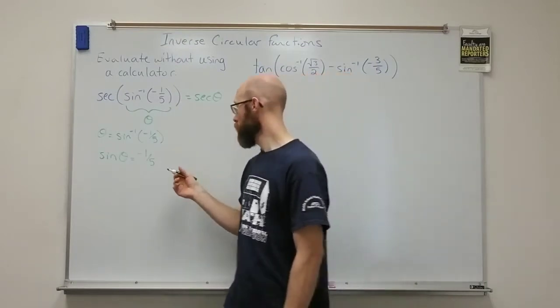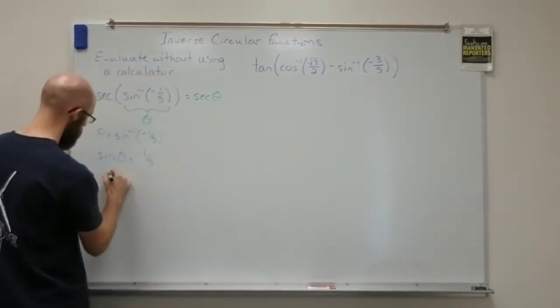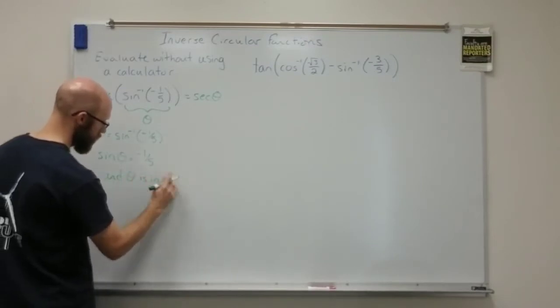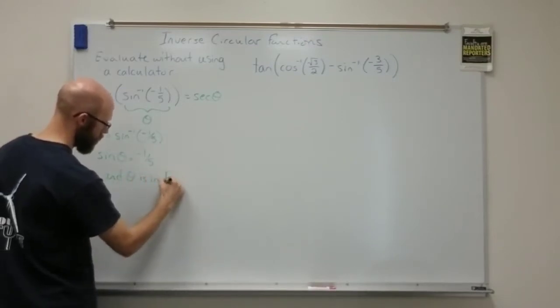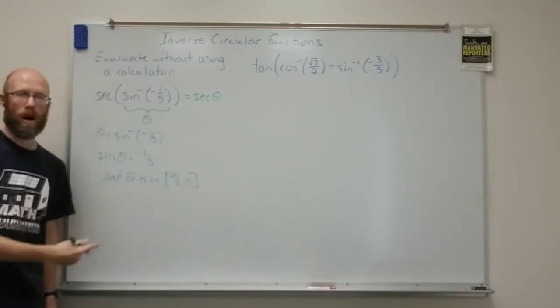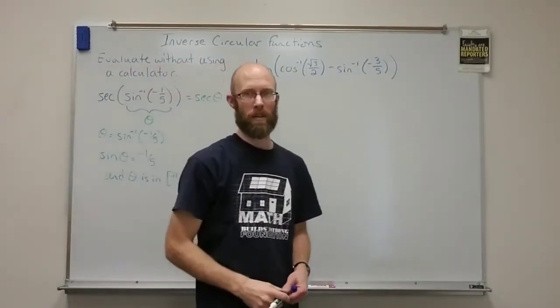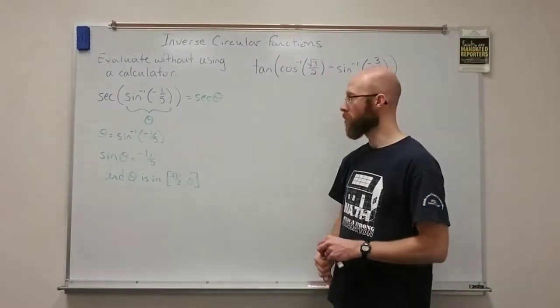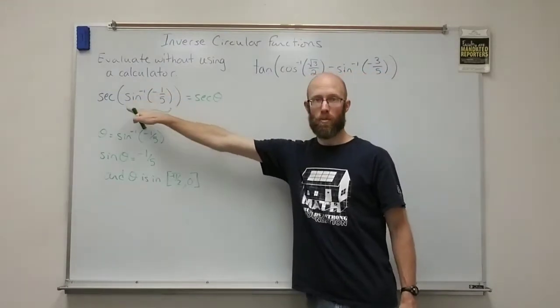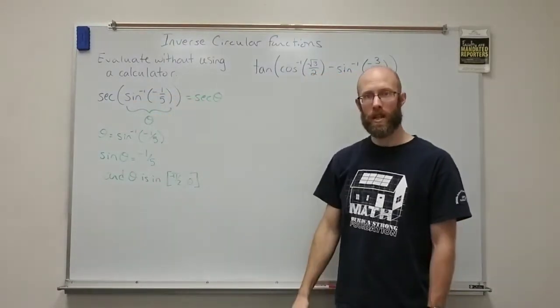So theta is in the interval from -π/2 to 0. It's going to be in that fourth quadrant with the negative angle. We know that just based upon the input, the inside of the secant.